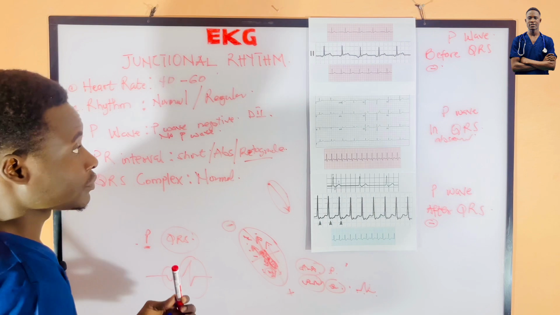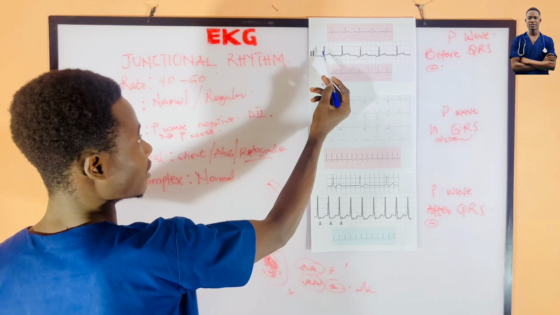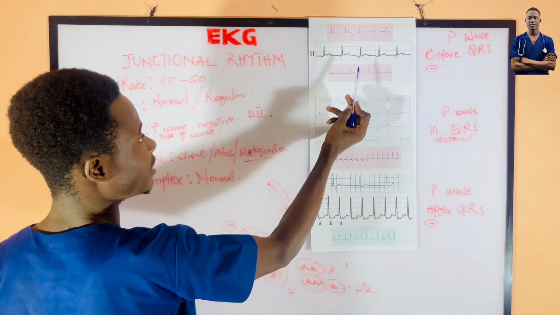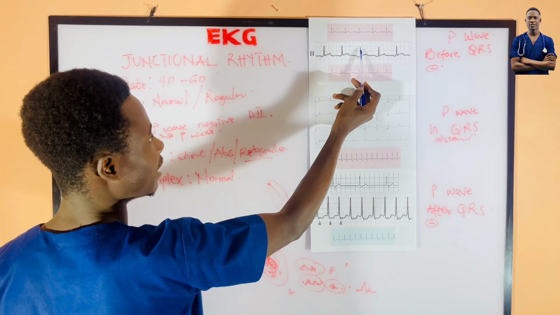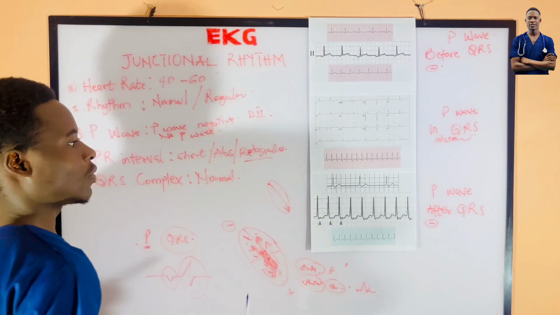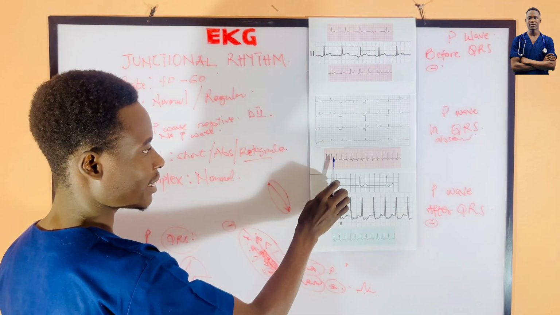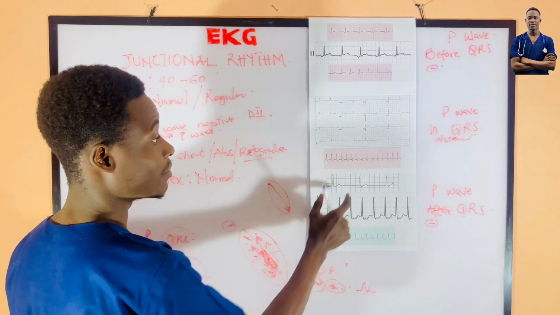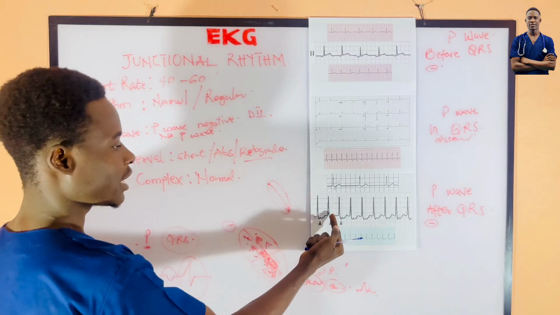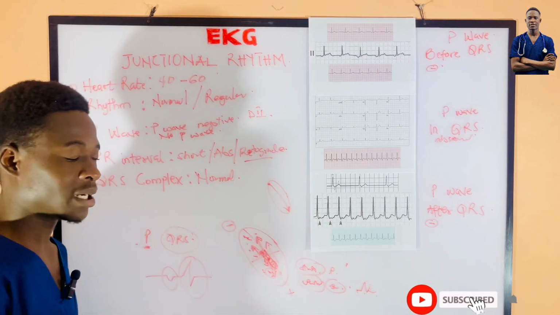As you can see over here, the distance between here and here is the same as the distance between here and here and the same as this. This is what you call regular. When you check this part, this and that, they are the same. It is regular. You check this, they are also the same. It is regular.